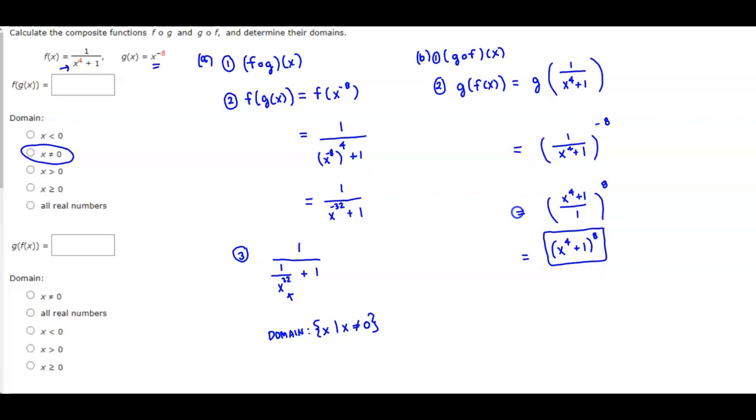So now in part B, what would the domain of this function be? Well, that means we can plug any numbers in.